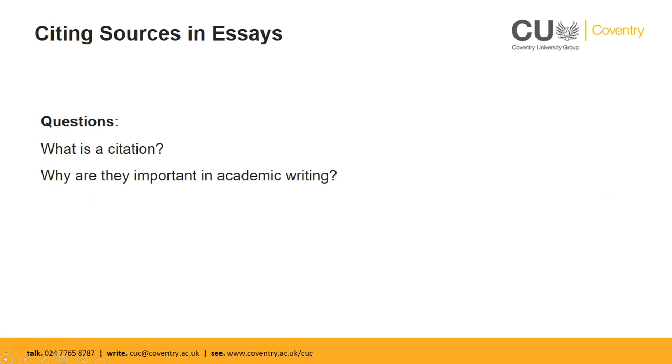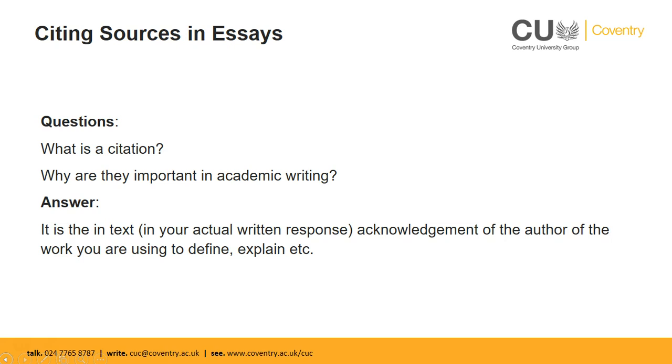Last question: what is a citation and why are they important in academic writing? Again, pause the video here and try to answer these. We'll discuss them in a second. Okay, the answer is that a citation is the in-text acknowledgement of the author of the work you are using to define a key term, explain something, and so on.